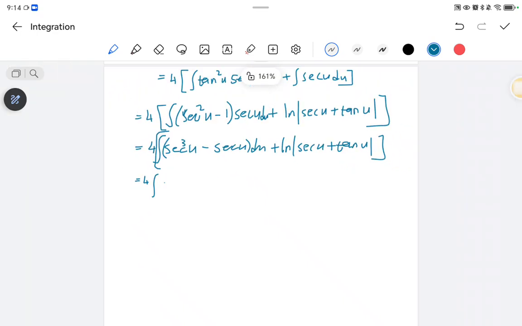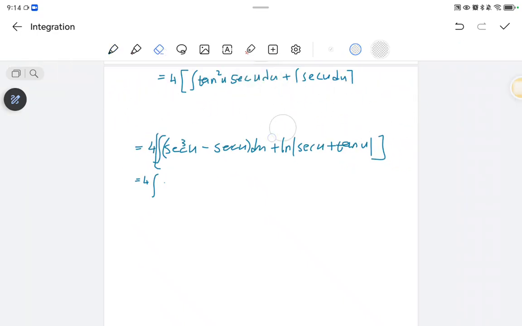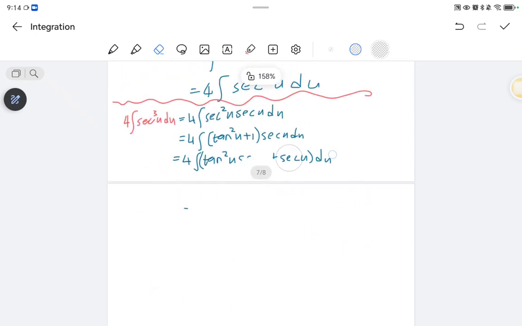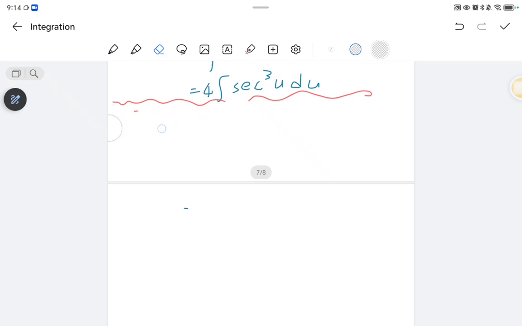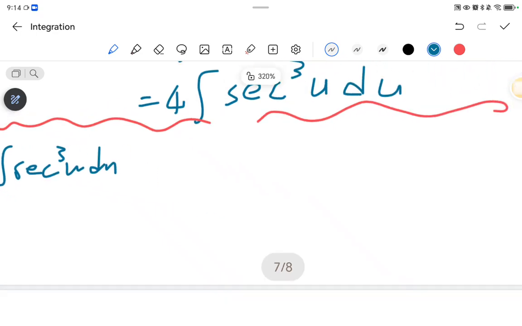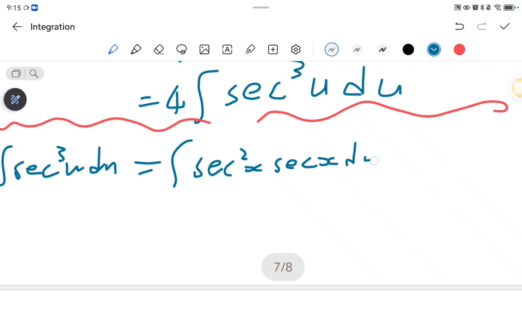Or let me, maybe the problem is this 4. Let me integrate it without the 4, then I see if it's gonna take me to the correct solution. If I take this alone, sec^3 u, I think we can just integrate this, then we plug back, and then this will be sec^2 u times sec u du.